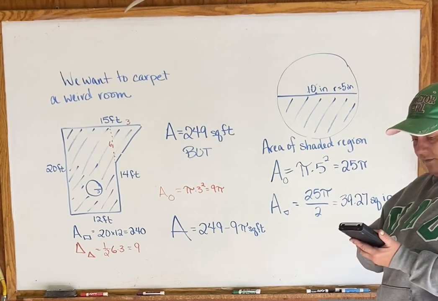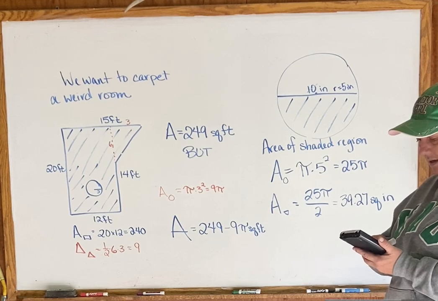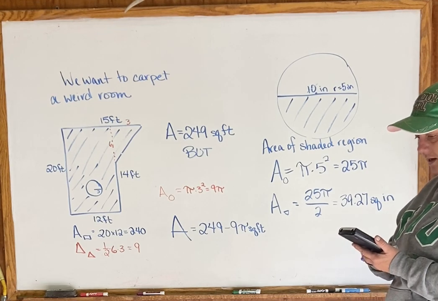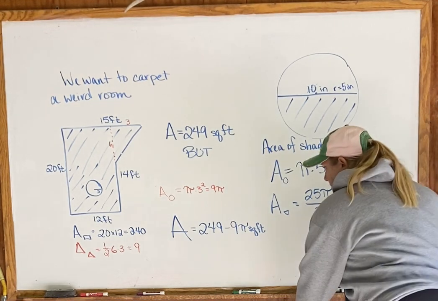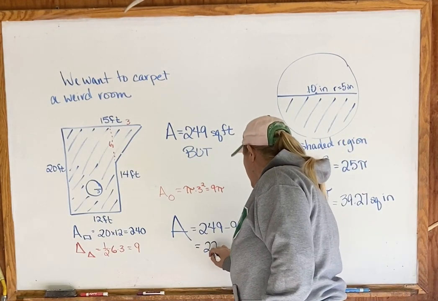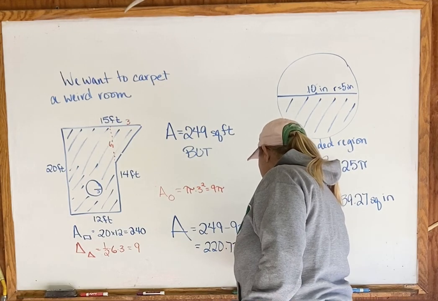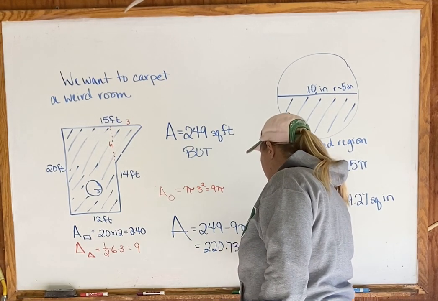Okay, so we definitely will calculate this out. 249 minus 9 pi equals, so I get that this is approximately 220.73 square feet.